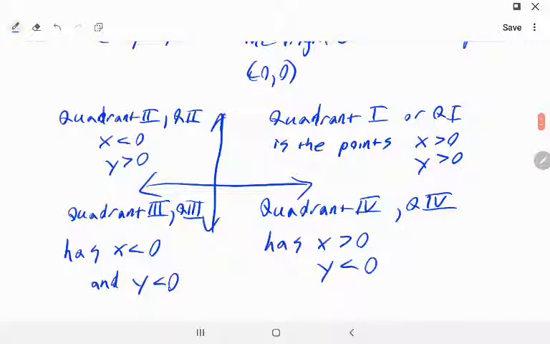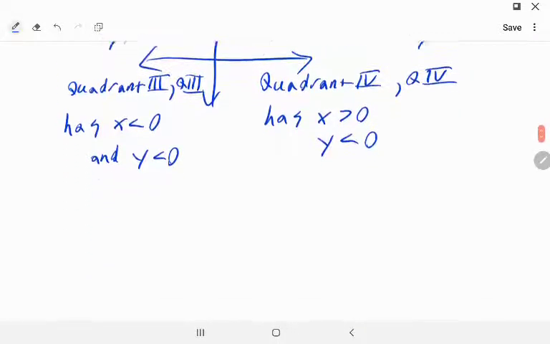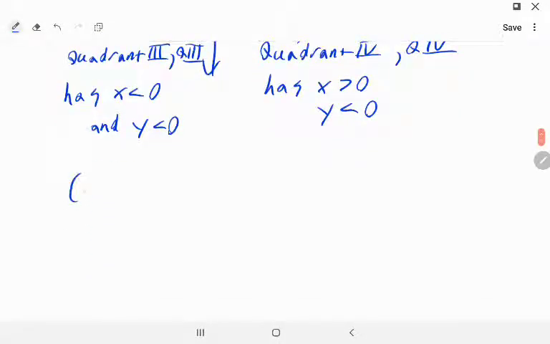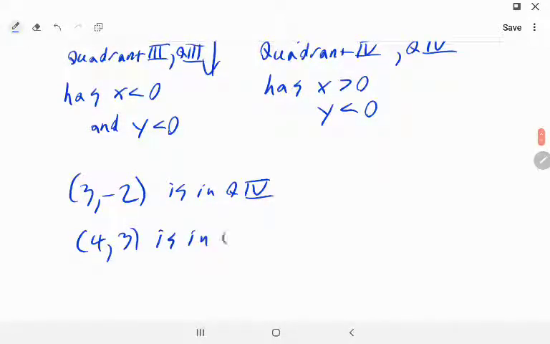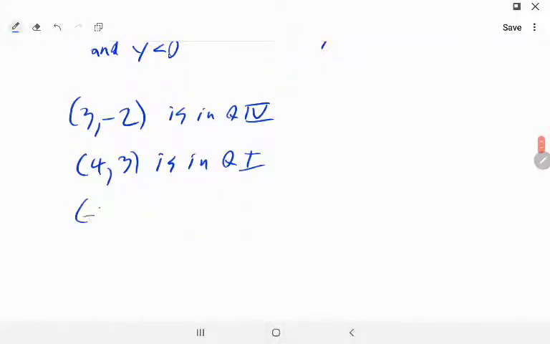And so we can tell what quadrant a point is in just by what sign the coordinates have. So 3, -2 is in quadrant 4. 4, 3 is in quadrant 1. -2, -7 is in quadrant 3.